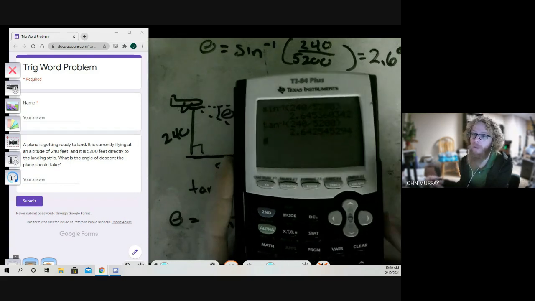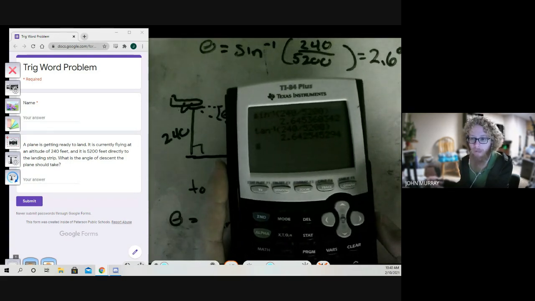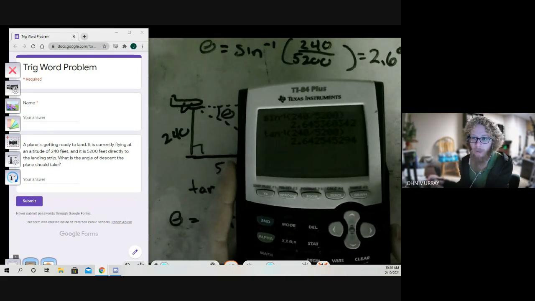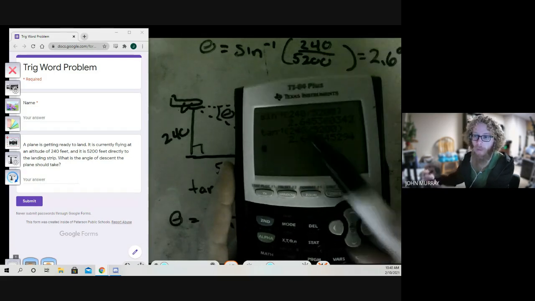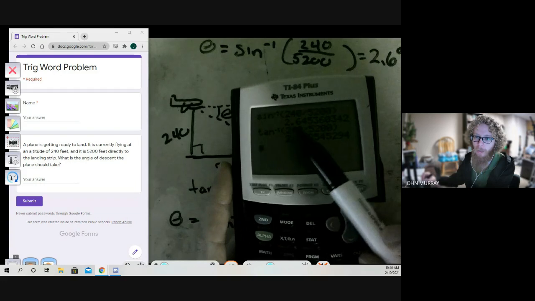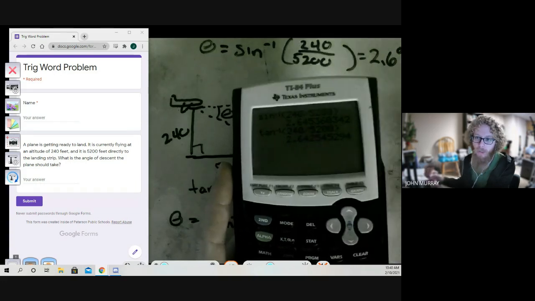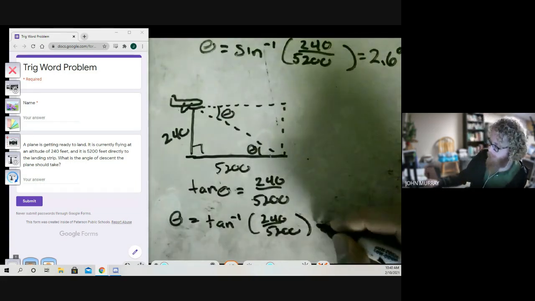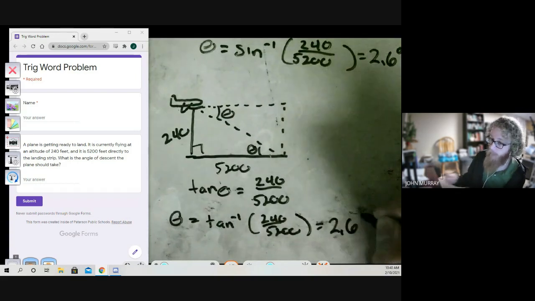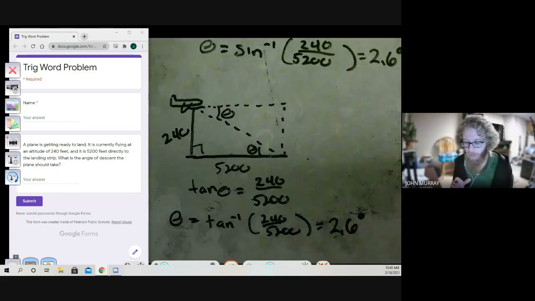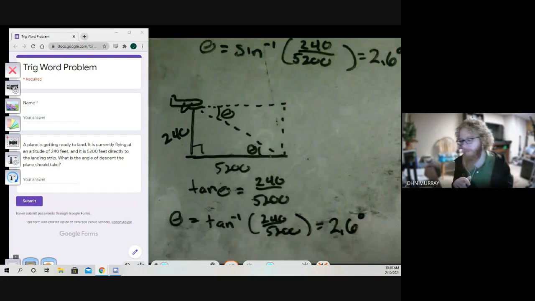And actually there we get almost the same angle. All right, we get 2.64. Right, if you want to be real specific, you can say that this is 2.65, and that's 2.64. But essentially, they're very close.